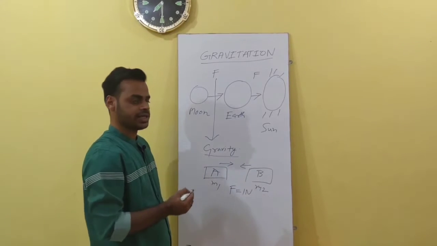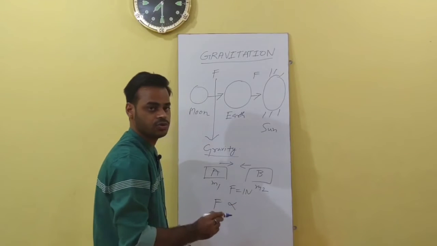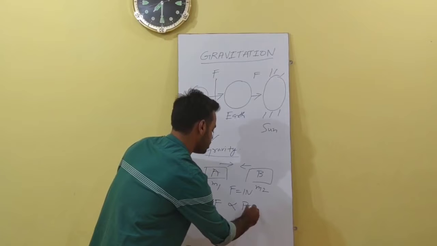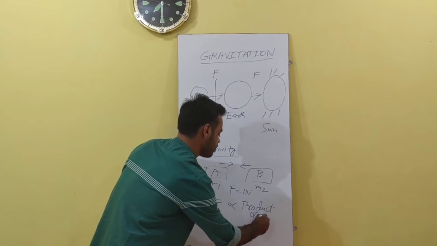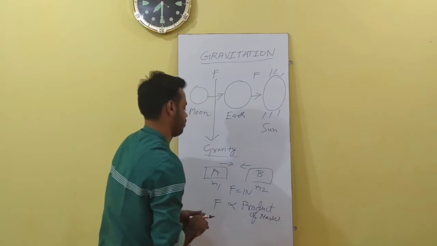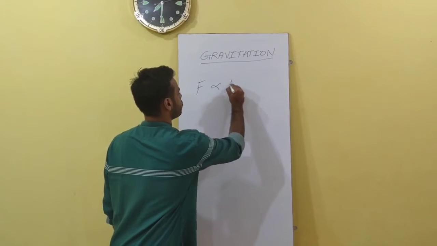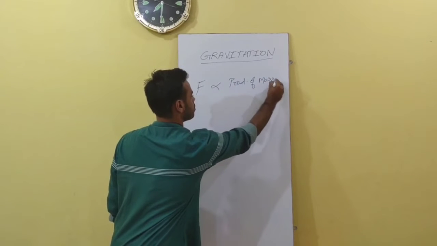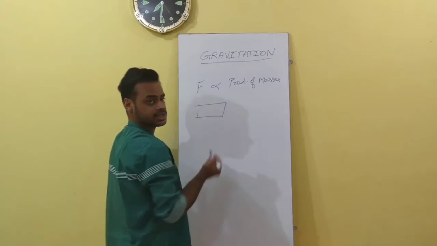So, what I mean to say here is that this force F is directly proportional to the product of masses of the bodies. Okay, force is directly proportional to the product of masses. Now, to prove this principle, I have an example for you.